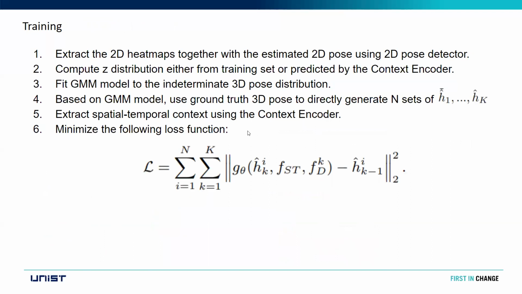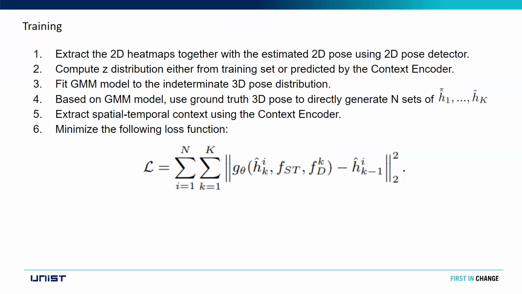And how is the training done? They provide a step-by-step description for training the model. They first extract the 2D heat maps, together with the estimated 2D pose, using a 2D pose detector. Then they compute the Z distribution either from the training set or as predicted by the context encoder.